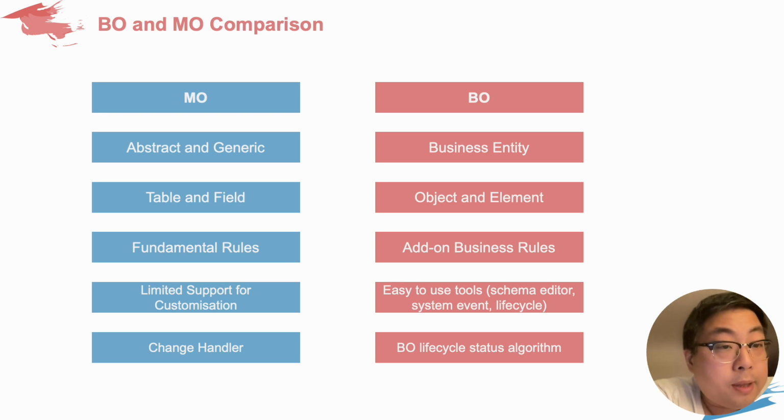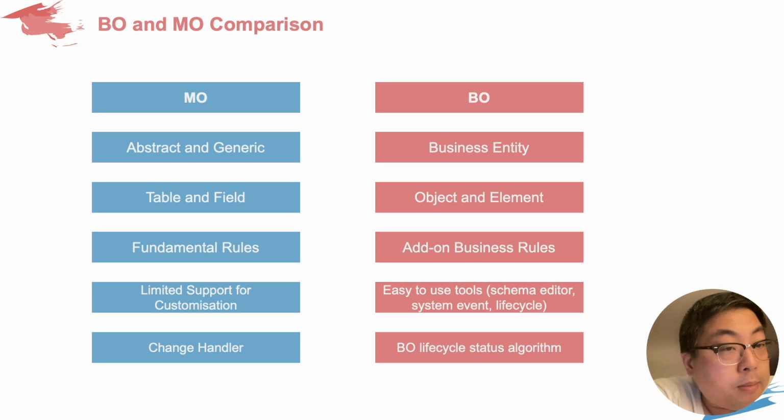And as we said, maintenance object represents tables and fields, but business object, in the business sense, defines objects and elements, which is mapping the business entities to a physical entity.